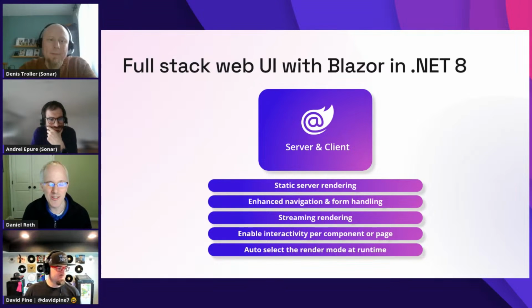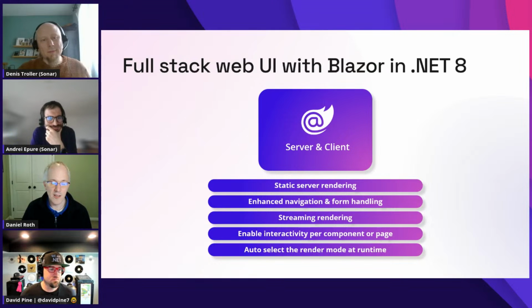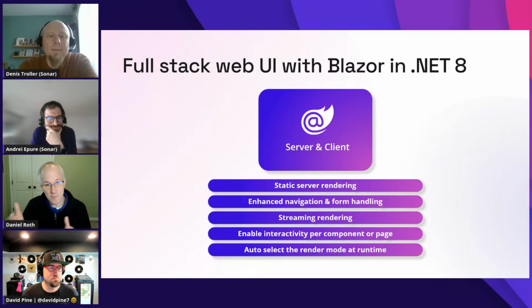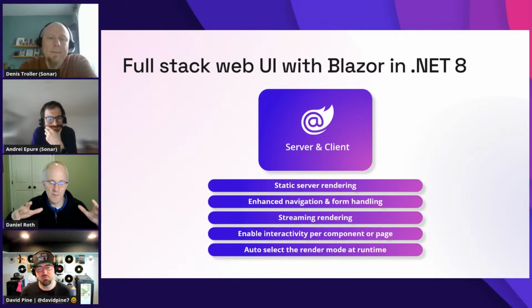What does that mean? Well, Blazor in .NET 8 now has advanced server-side rendering capabilities, including static server-side rendering like you would do in an MVC app or a Razor Pages app, but also with a bunch of progressive enhancements on top, like enhanced navigation, form handling, and streaming rendering. These capabilities help you optimize the page load time for a Blazor app and also enhance the user experience.